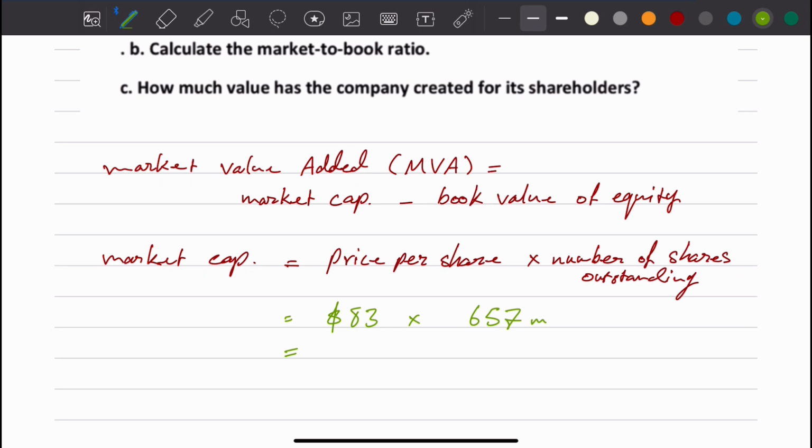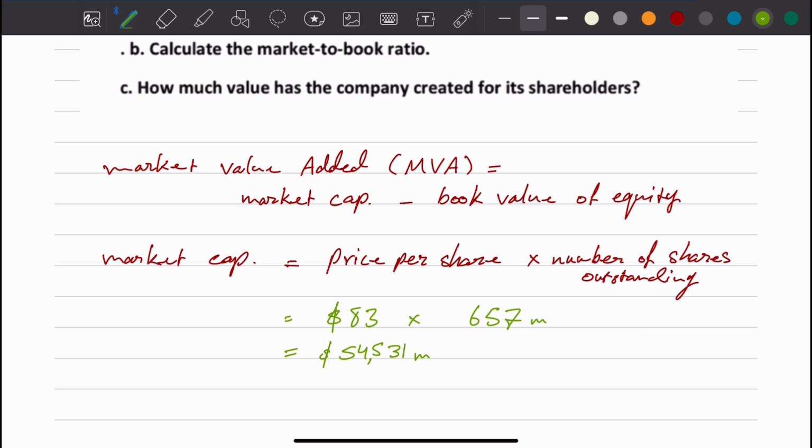Multiplied by 657. Okay, that'll be 54531. And then you either write 6 zeros or just write M, short for millions. Okay. And that is the market capitalization. Now that represents the total market value for that company.